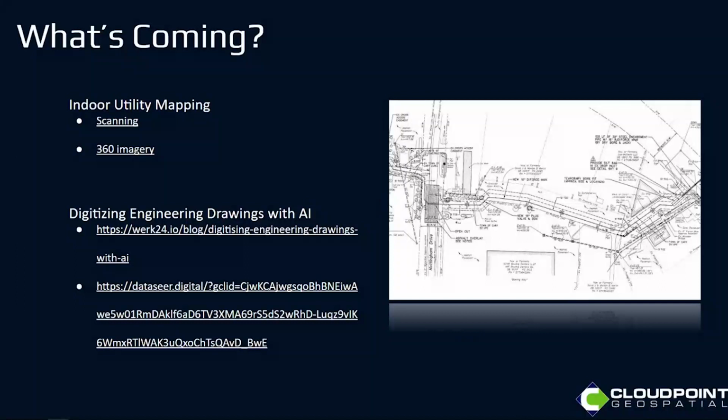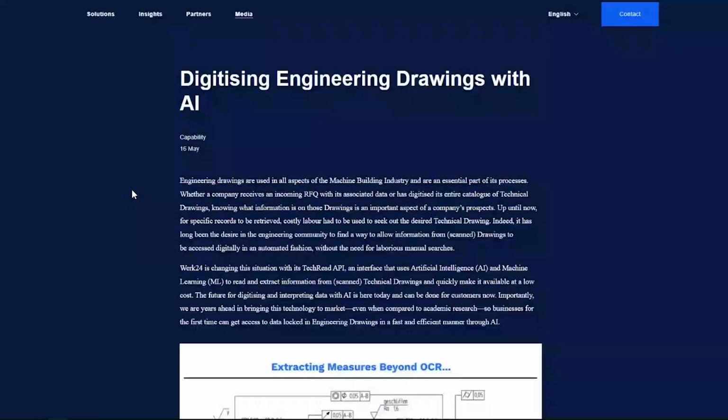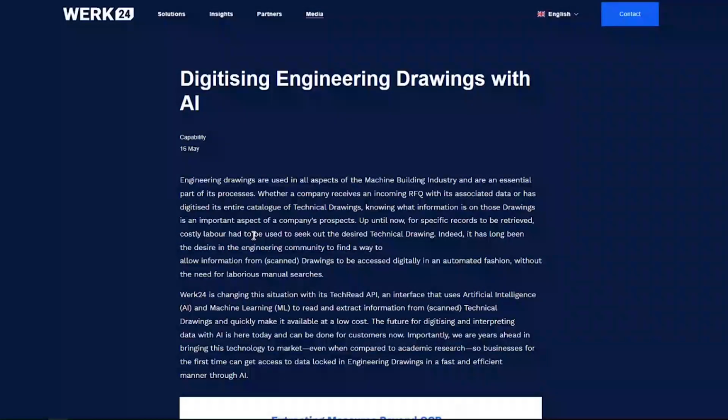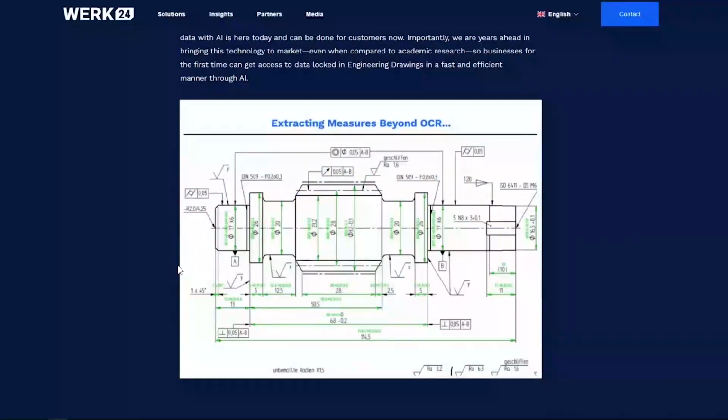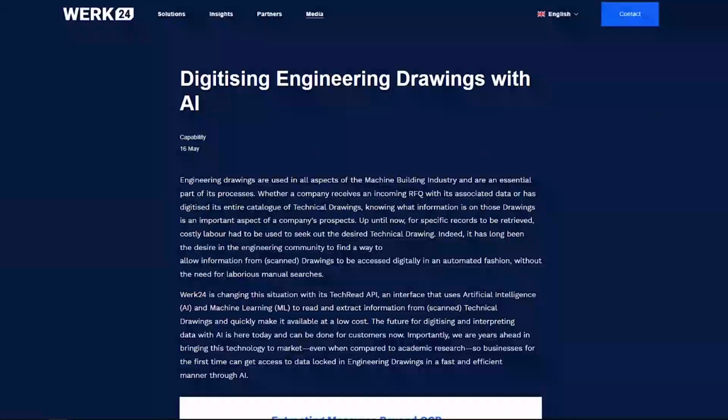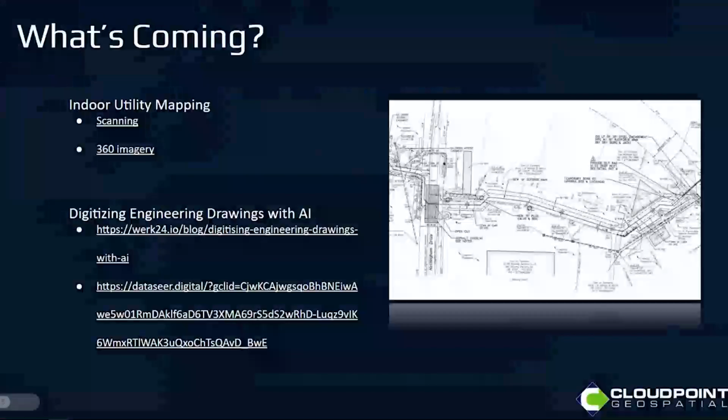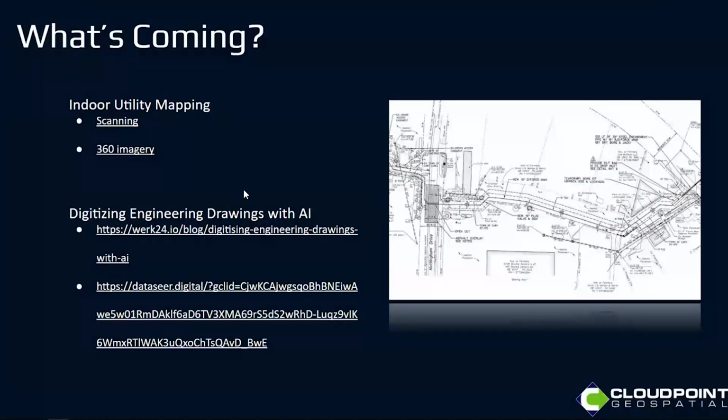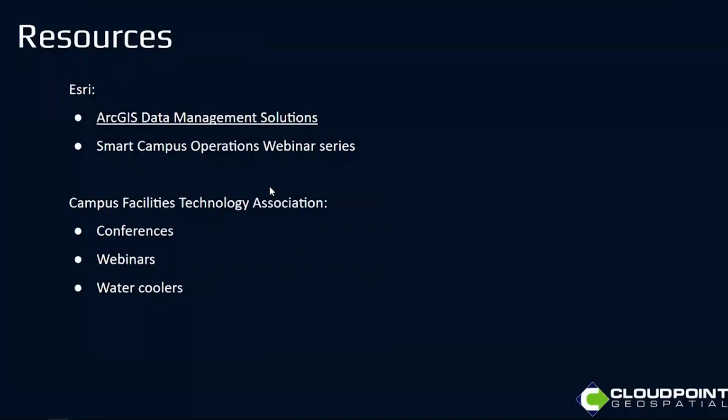So they can actually start to digitize using AI. One of the companies I came across had a whole article on it that talked in more depth about that, but it's pretty fascinating the direction those are moving in. So those are some things to keep in mind moving forward and what's down the pipeline.